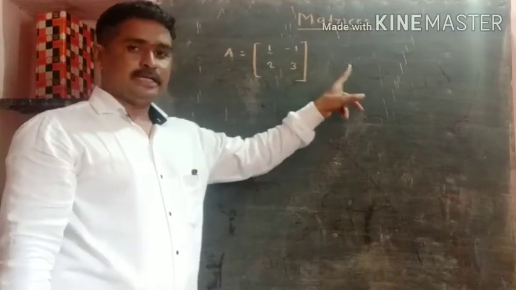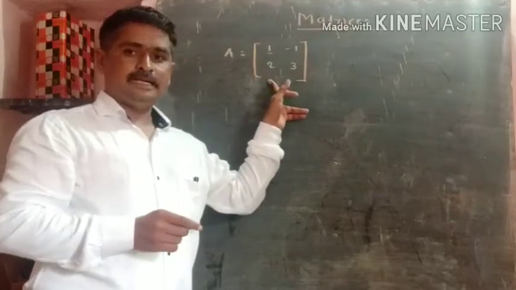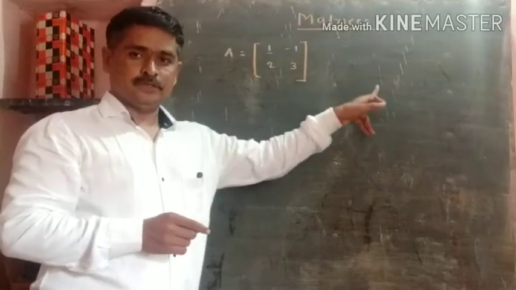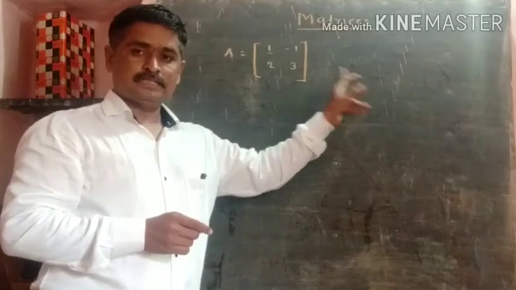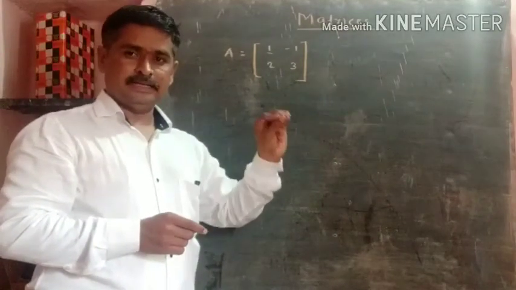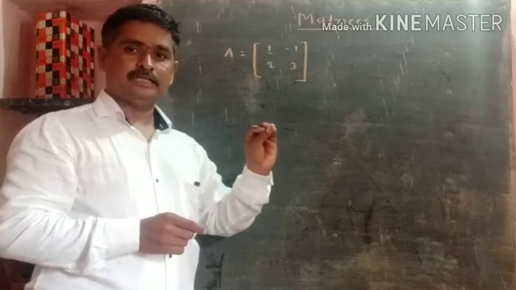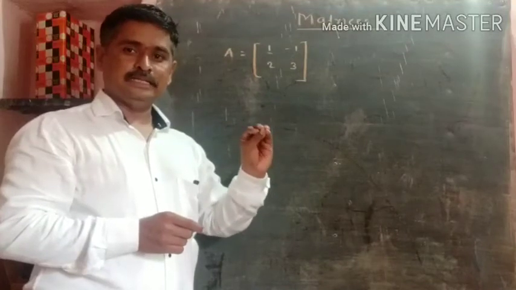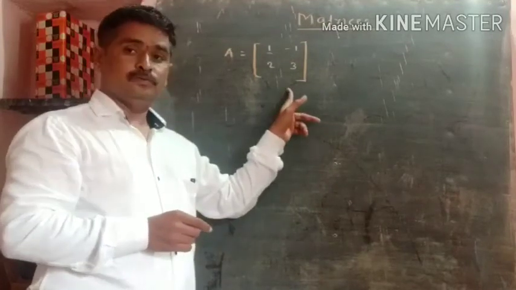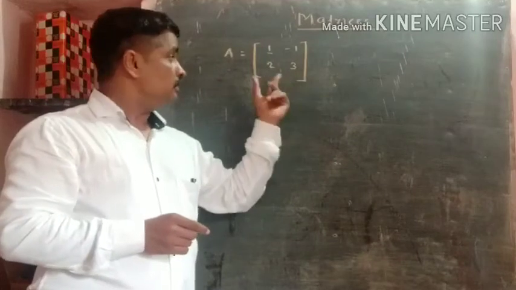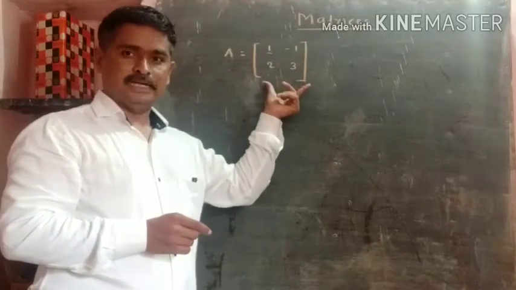If the determinant of the matrix is equal to 0, then the inverse does not exist. It is a very important basic idea when we calculate the inverse of a matrix. First of all, we have to calculate the determinant of that matrix.